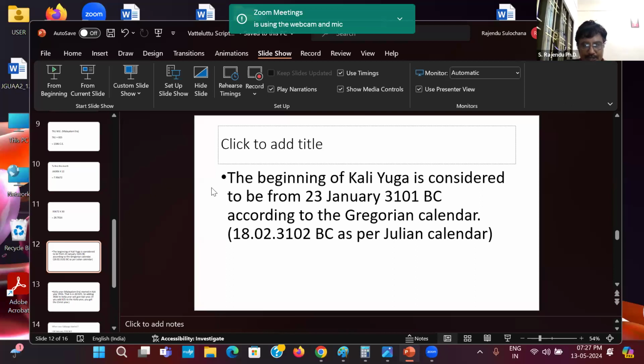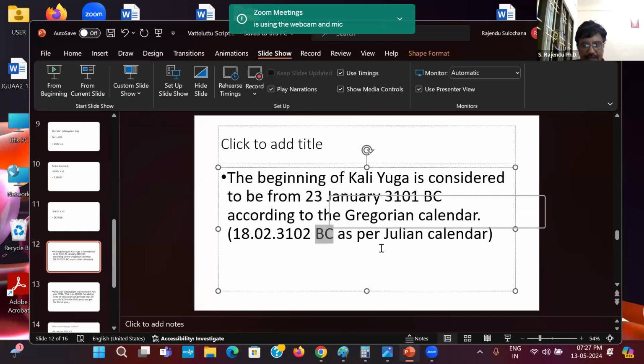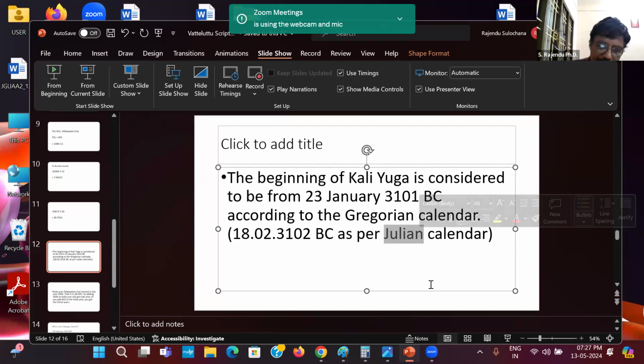Then why 3926? The beginning of Kali Yuga is considered to be 23rd January 3101 BC according to the Gregorian calendar. It's an imaginative date. The exact date is 18th February 3102 BC as per the Julian calendar. I think you know the difference between the Julian calendar and the Gregorian calendar, because in 1603 Gregory changed the calendar because he believed that the calendar was lagging by 8 days.